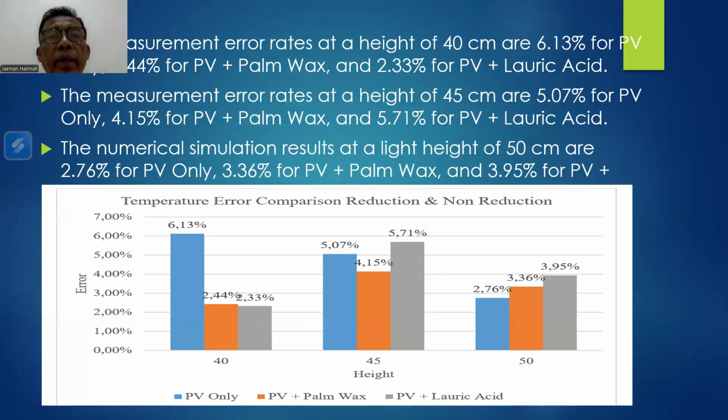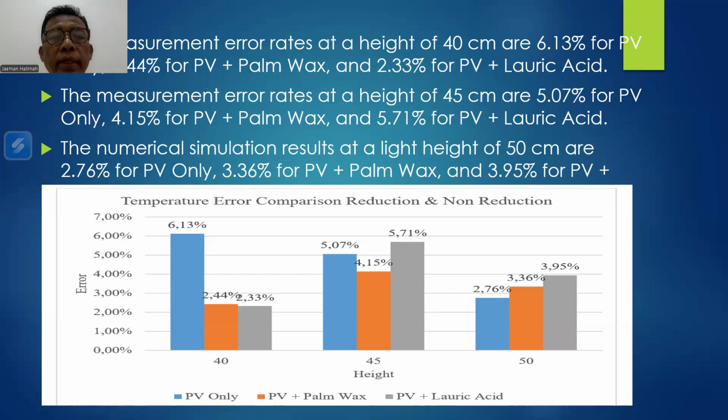The measurement error rates at height of 40 centimeter are 6.13% for PV only, 2.44% for PV plus palm wax, and 2.33% for PV plus lauric acid.